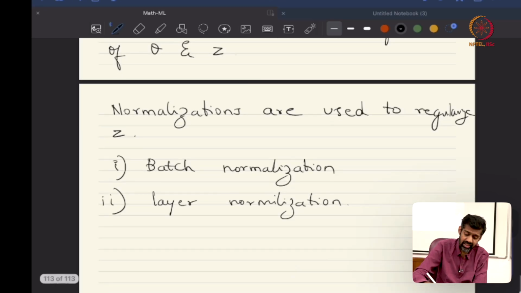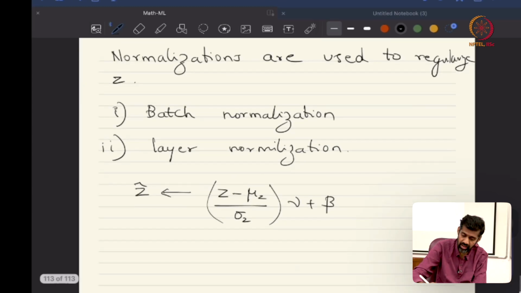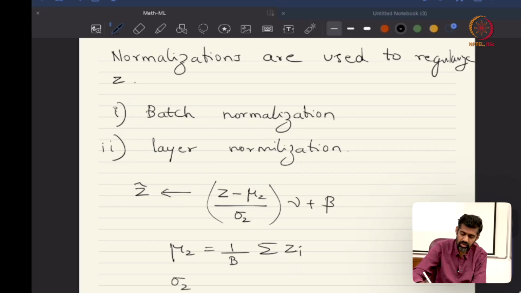Now, what is the idea? Replace z with z minus mu z divided by sigma z. Actually, you scale this with some gamma and add some beta, where mu z is simply 1 by b times the sum of the zi's, and sigma z is the variance of the zi.